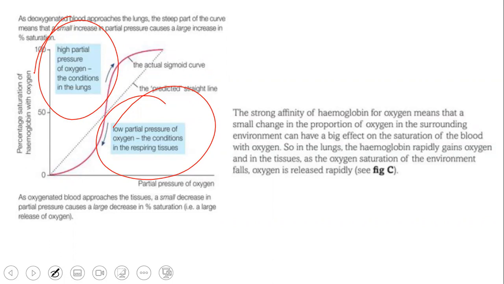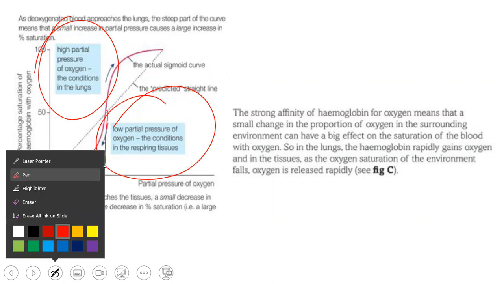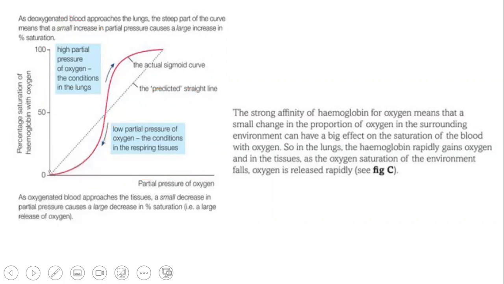You are just going from here to here. It is a very small decrease in partial pressure, but the decrease in hemoglobin saturation is very large. So a small decrease in partial pressure causes a large decrease in the saturation of hemoglobin.